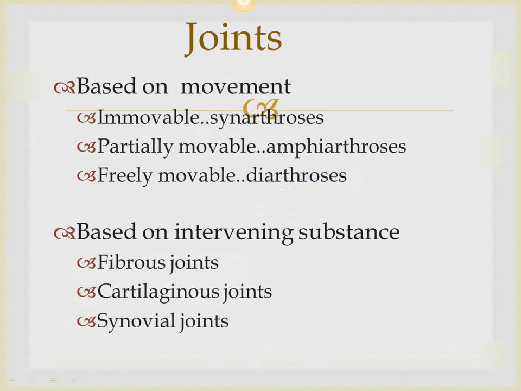It just so happens that fibrous joints are also seen to be immovable. So you might want to add it up here: immovable are synarthrosis. Most fibrous joints are immovable. Some of them have a little bit of movement. We'll go over that when I come to it.